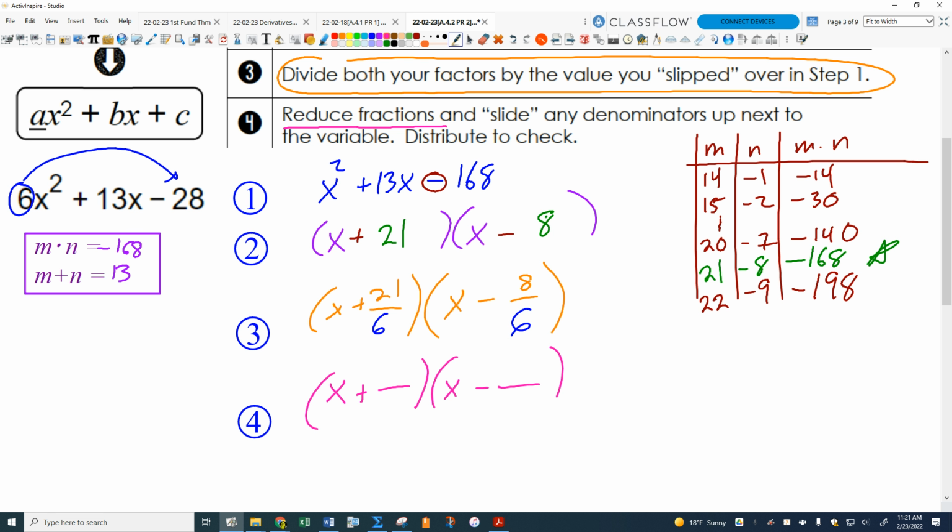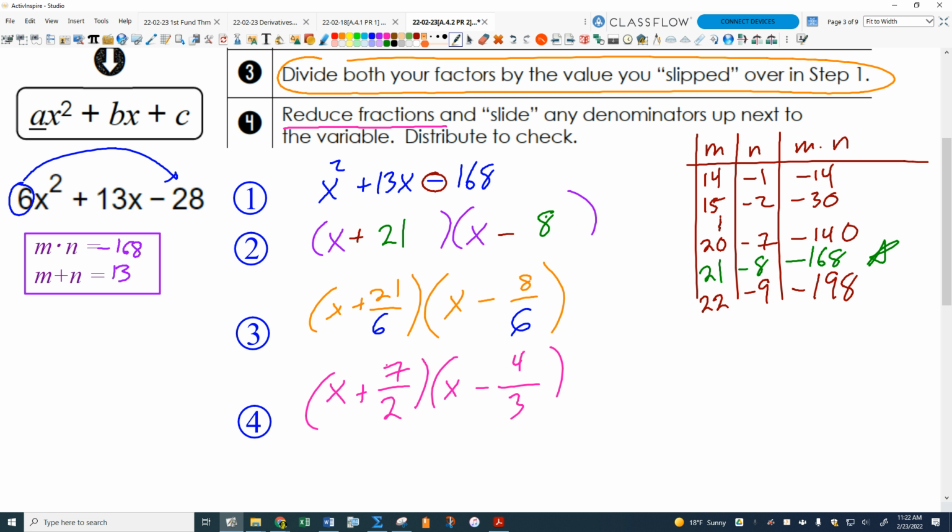What's the biggest number that divides into both 21 and 6? 3. So I could divide both the top and the bottom by 3. And what do I get? What do I get if I divide 21 over 6 by 3? 7 over 2. Good. And how about 8 over 6? What could I divide by? 2. And that gives me 4 over 3. Good.